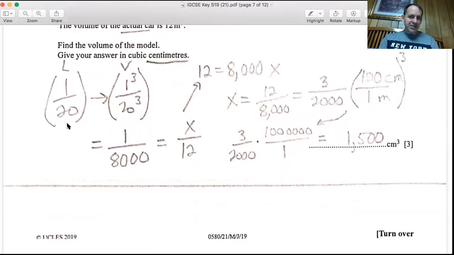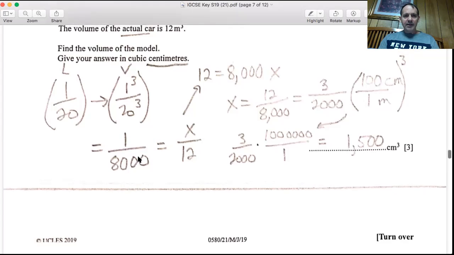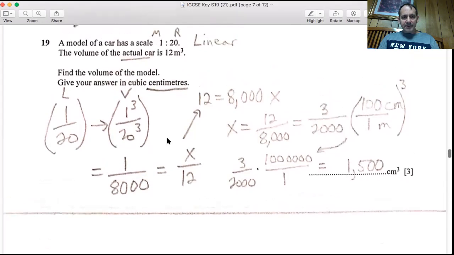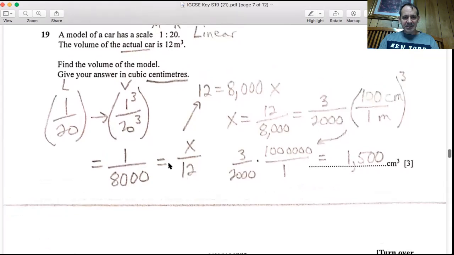So the one dimension of 1 to 20 in the 3 dimension becomes 1 to 8,000. Now this is in cubic meters. But before we do that, we need to solve for our x here. We need to solve for our model.